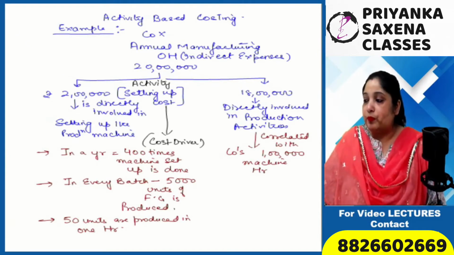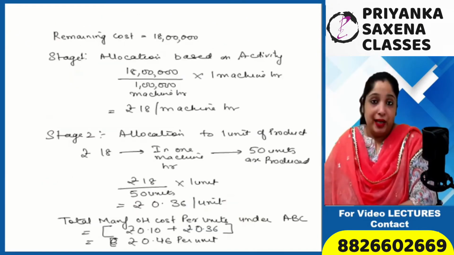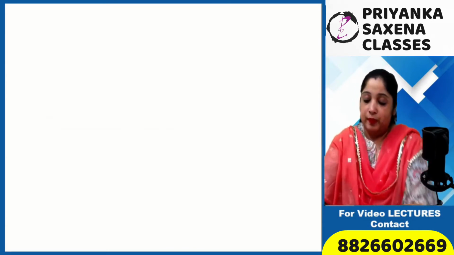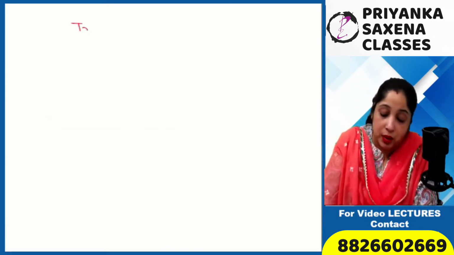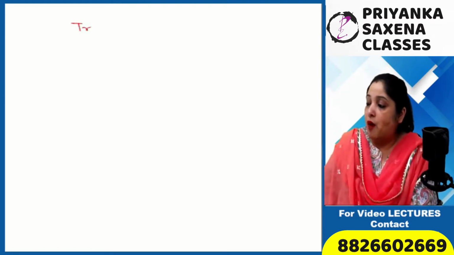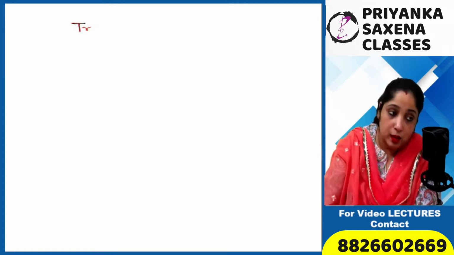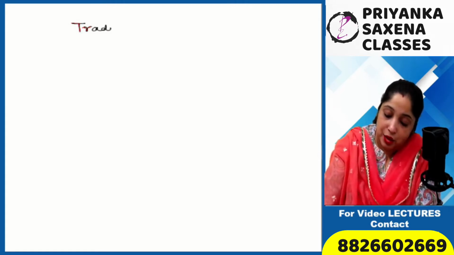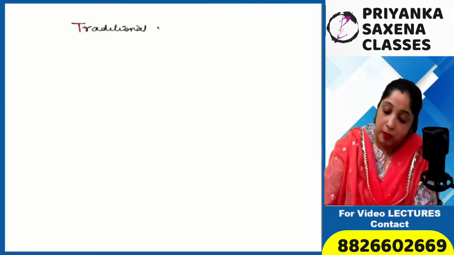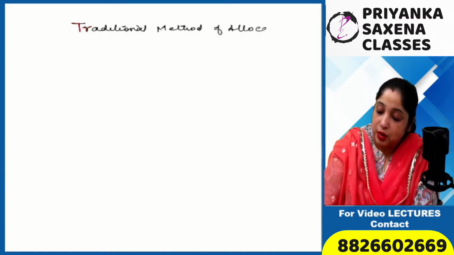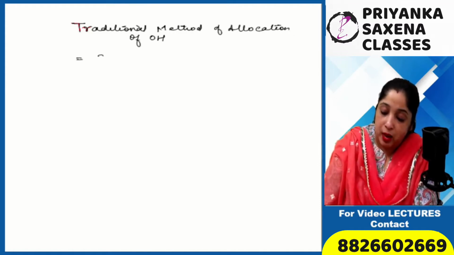I'll tell you. If we go by the traditional method, in the old days, what we used to do is, if we use the traditional method of allocation of overheads, then very simple, 20 lakh is the cost.